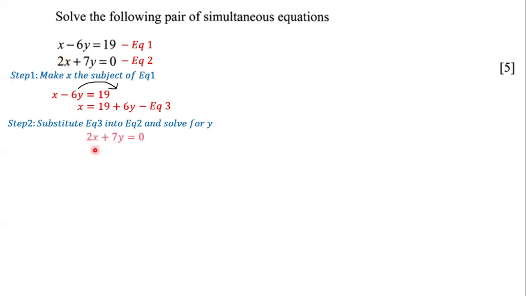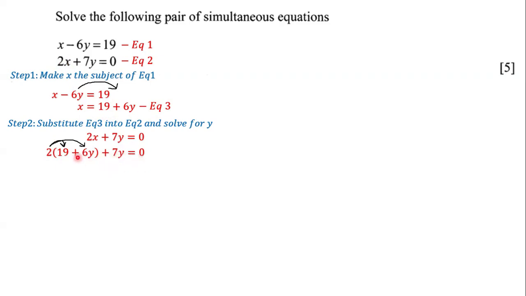And so we have equation 2, which is 2x plus 7y is equal to 0. But what is x? We know that x is equal to 19 plus 6y. So let's put that into this equation. And so we have 2 multiplied by 19 plus 6y, and then we have to add that with 7y is going to be equal to 0.